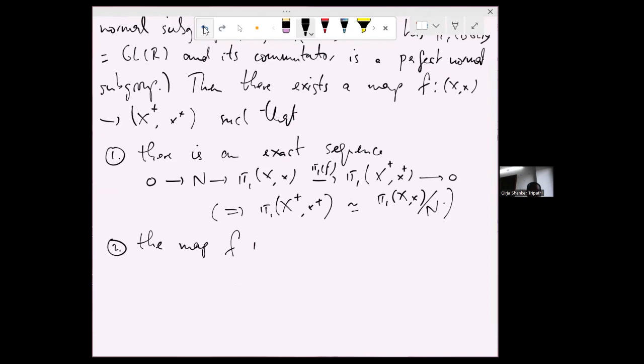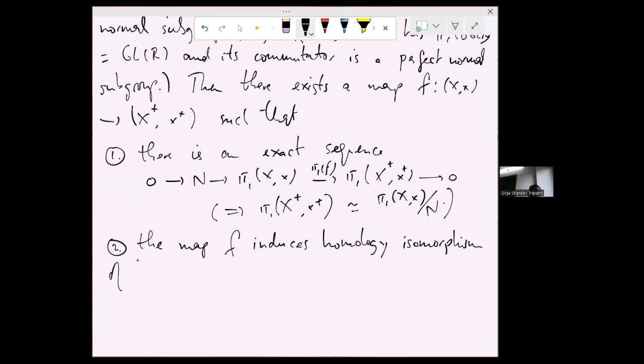I wouldn't write in detail, so you can read. So it induces an isomorphism from X to X plus for all local systems.